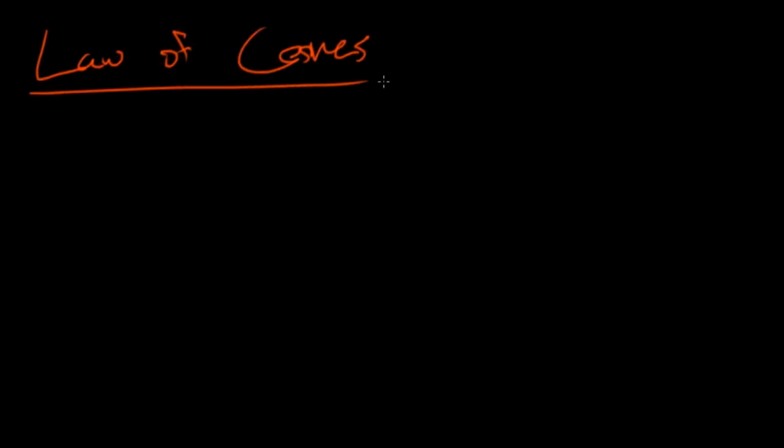So let's get the law of cosines out here. There's a standard proof that I'm going to show you to justify the law of cosines. Nothing special to this one. You may have seen it before.